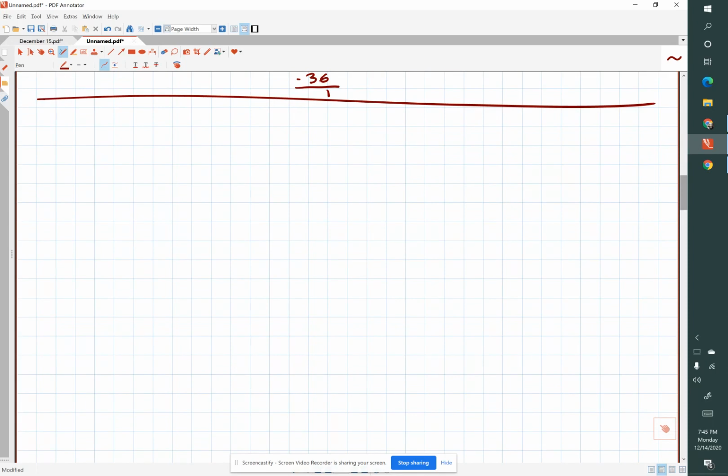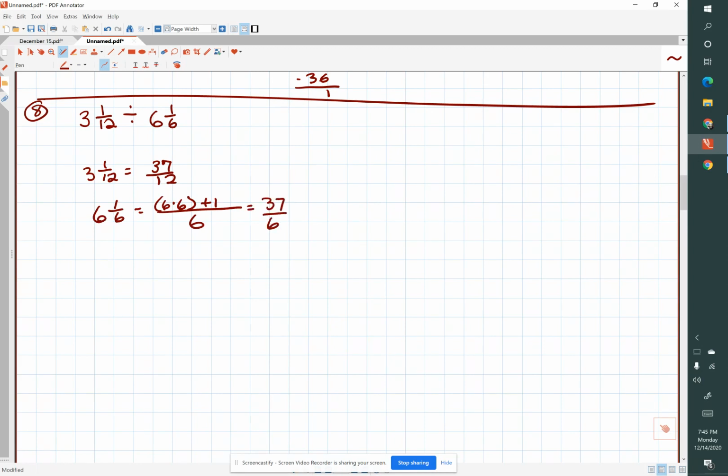So number 8, 3 1/12 divided by 6 and 1/6. So 3 and 1/12 equals 37 over 12. 6 and 1/6 equals 6 times 6 plus 1, which is 37 over 6.